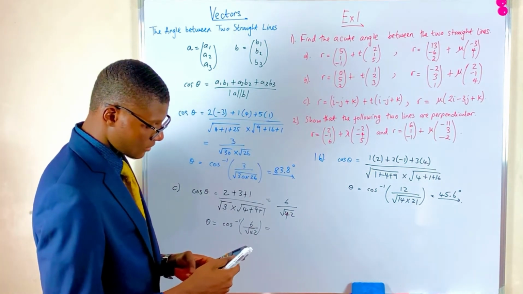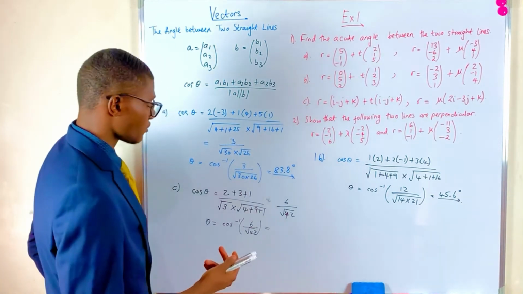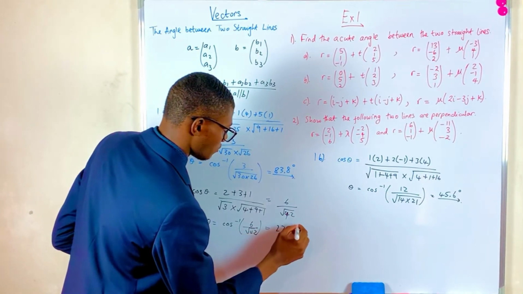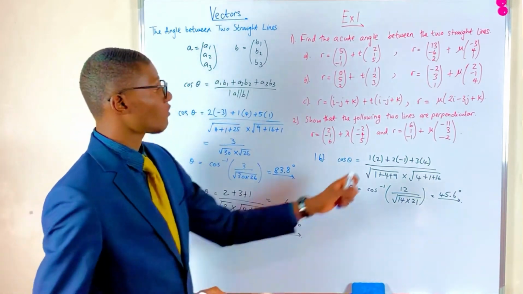That will be equal to 22.2 degrees. So 22.2 degrees is the answer that we get for part C.